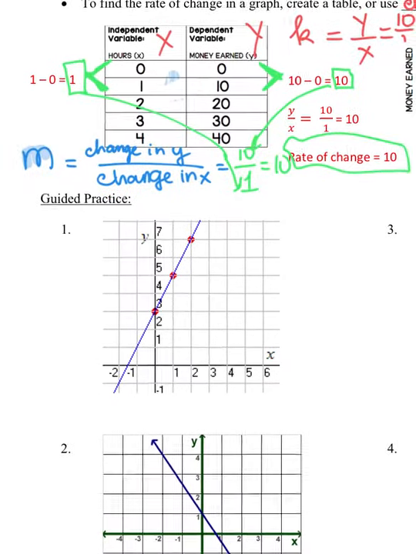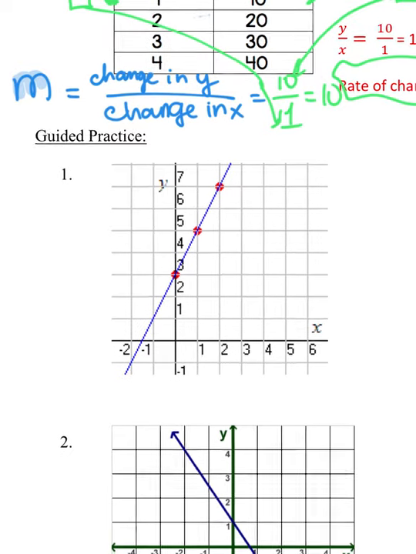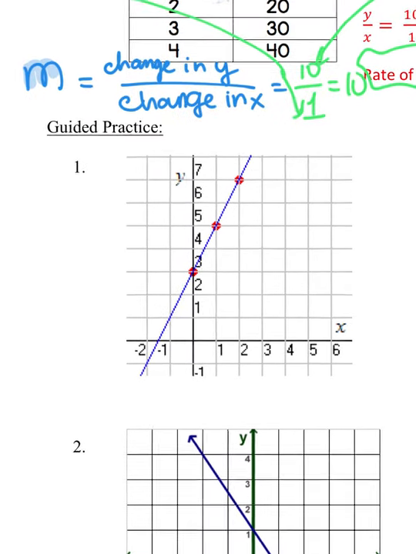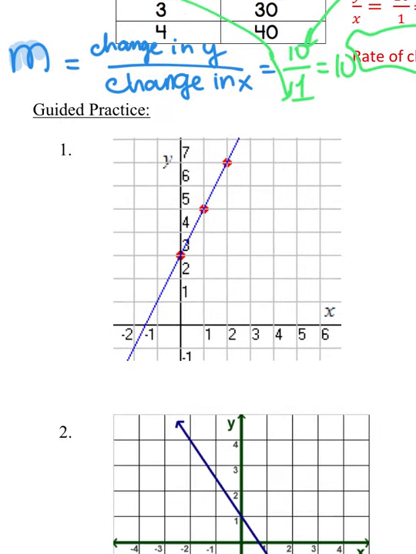Okay, number 1. Can you tell me if this graph is proportional or non-proportional? And should we use k or m to find it? So the first point you can see is when x is 0, your y is a number different than 0. It starts at 3.